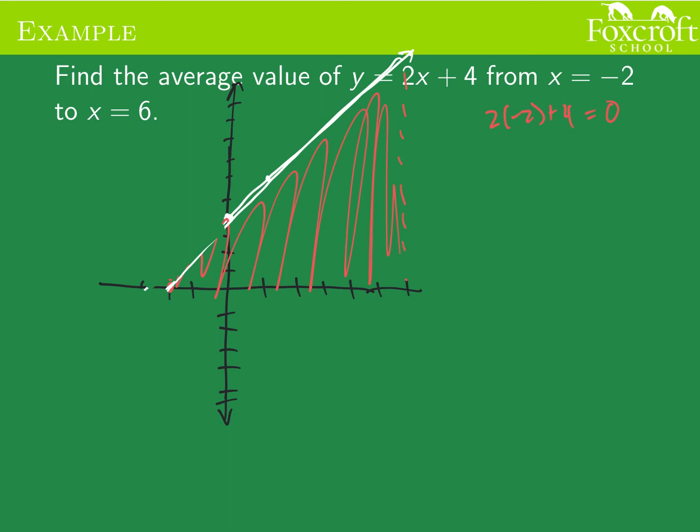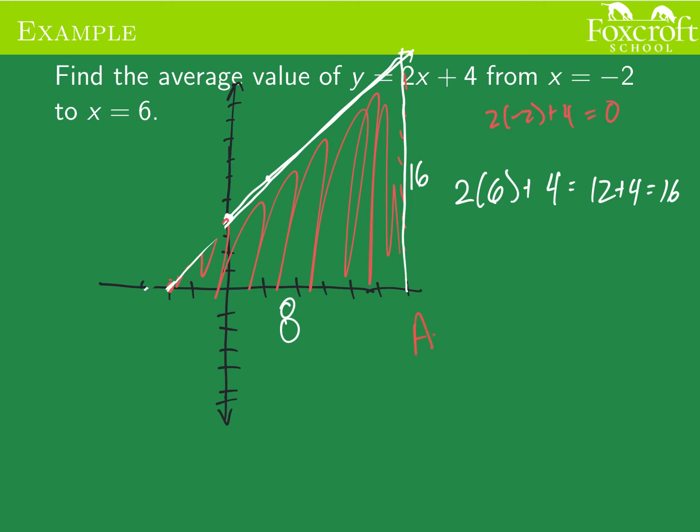The width of this triangle is from -2 to 6, that is 8. The height of the triangle is when I plug 6 into my function, which is 16. So the whole area is 8 times 16 divided by 2, which is 64.